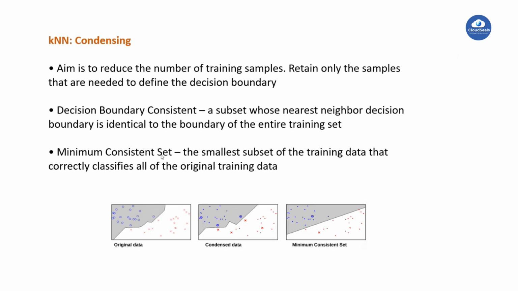Consistent means that with the training samples, clearly and with high confidence, we are able to draw a boundary that classifies correctly. Here, it is a small subset of training data that correctly classifies all the original training data.